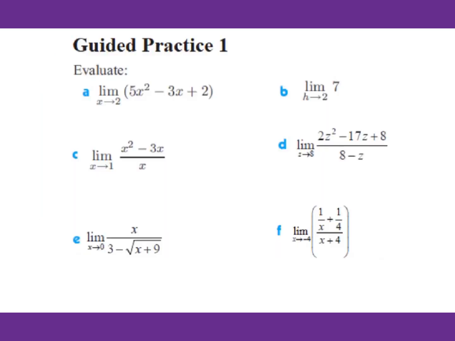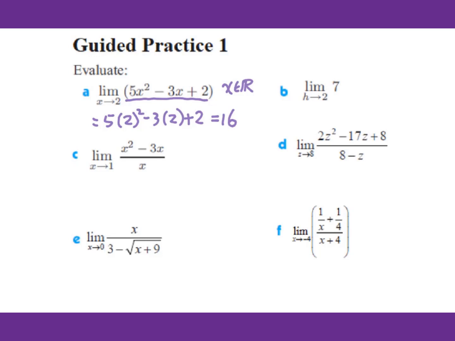Now let's go to guided practice 1. Evaluate the following limits. For a, since this is a given polynomial function, the domain is all real numbers. Therefore, you just need to plug in. You will get 5 times 2 squared minus 3 times 2 plus 2 equals 16.